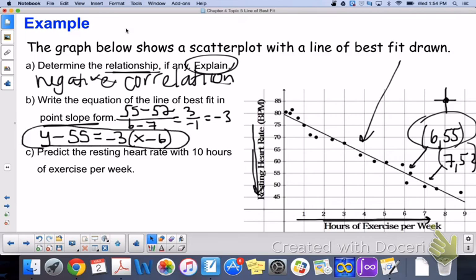Now, part C, predict the resting heart rate with 10 hours of exercise per week. The number of hours is on our x-axis, so 10 is going to go in for x.